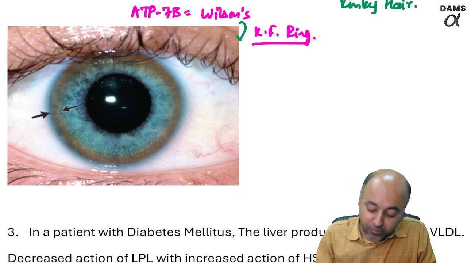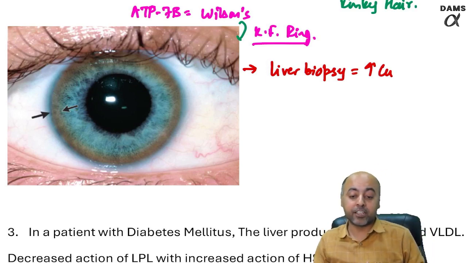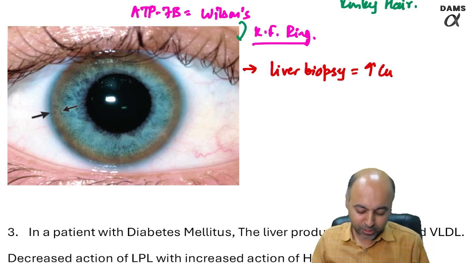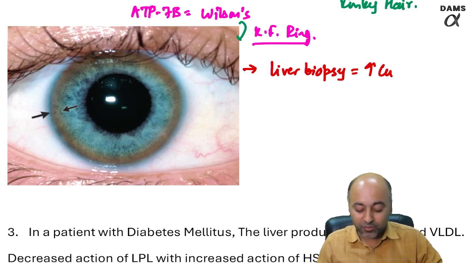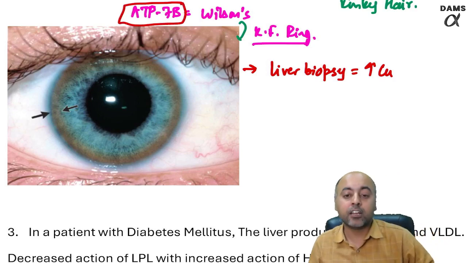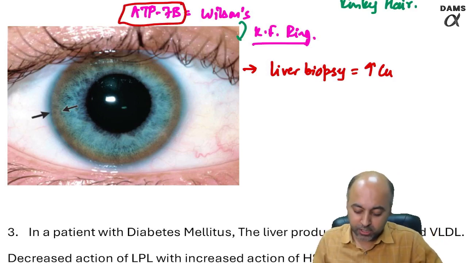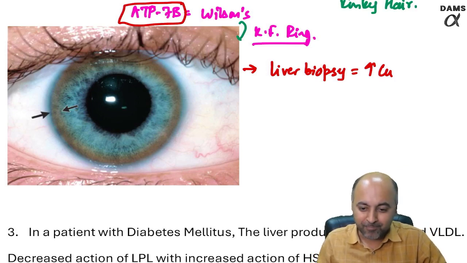In Wilson's, you have to remember the diagnostic test is liver biopsy, where you have to show accumulation of copper in the hepatocyte matrix. So please make sure that you're able to identify this image, link it with Wilson's, where the defective gene is ATP7B, and the confirmatory test is the liver biopsy.